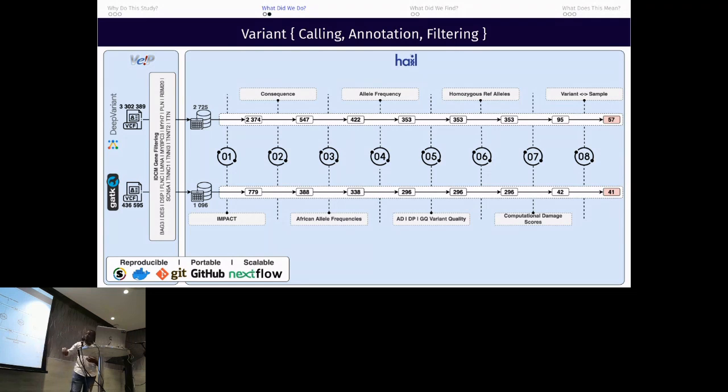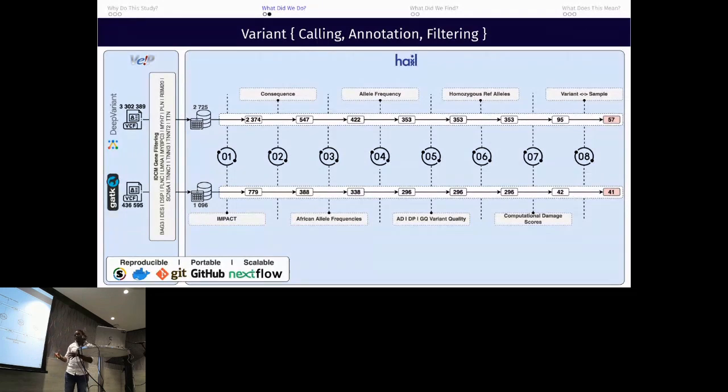And then after doing that, we looked at only a set of genes that they were interested in that are associated with cardiomyopathy. That was a list of about 14 genes. After we filtered the genes from hundreds of thousands, we ended up with a couple of thousand variants that we loaded onto this tool called Hail. Hail is a tool that is very useful when you are analyzing variants.